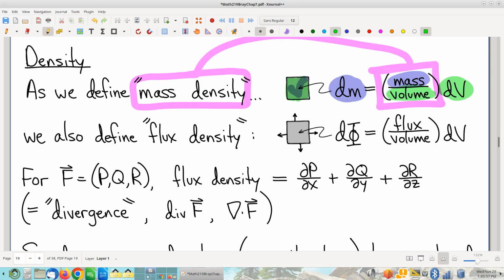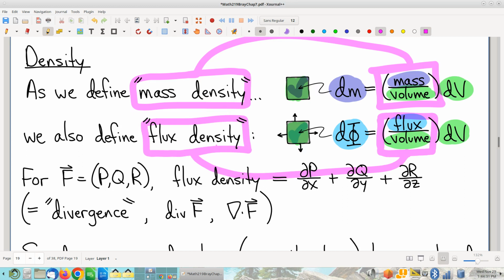All of that still makes sense if you're talking about flux. Again, outward-oriented boundary flux: you can talk about how much flux is associated to that little piece of volume, then how much volume it's taking up, and then the flux per unit volume. Again, that is accumulating quantity per unit size. That, too, is density.